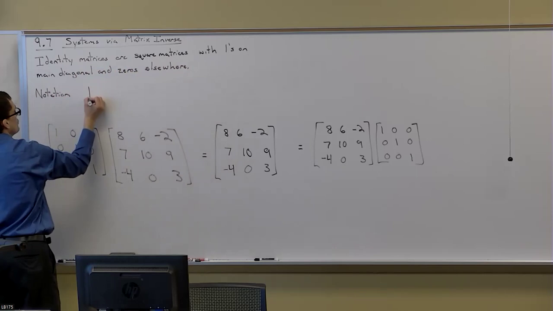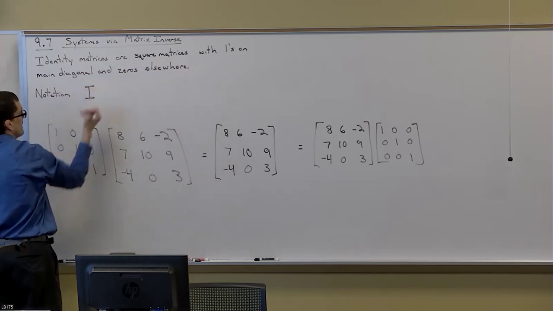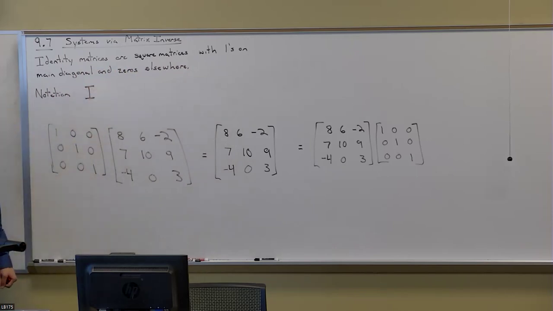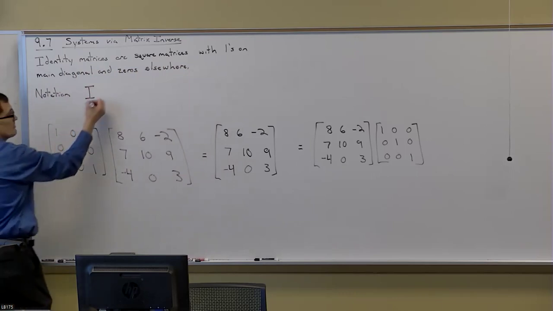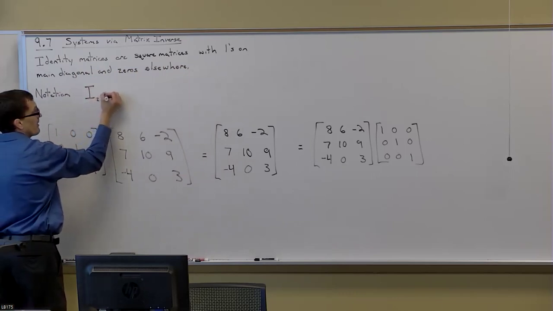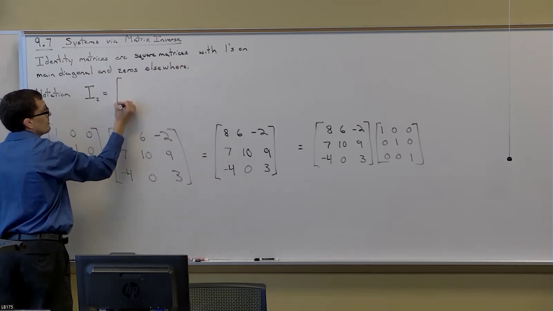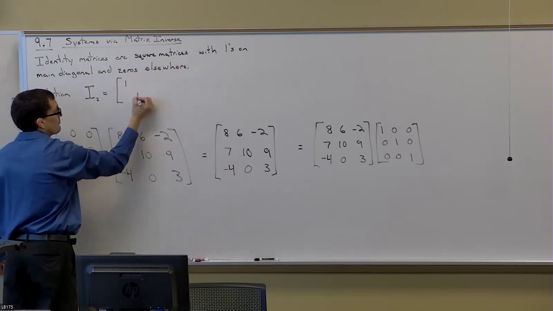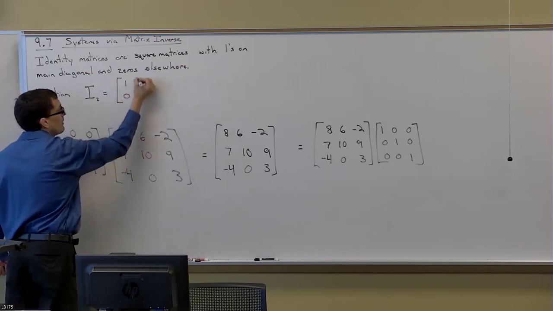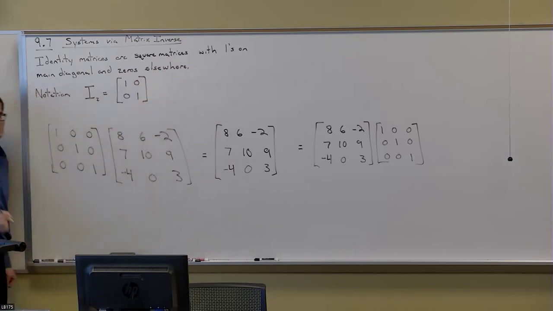The notation usually is just I, but sometimes it will have a subscript, which tells you whether it's a 2 by 2 or a 3 by 3 or a 4 by 4 or whatever. Sometimes people just say I equals and then use another I for a different size. That's fine. Other times you'll see subscripts.